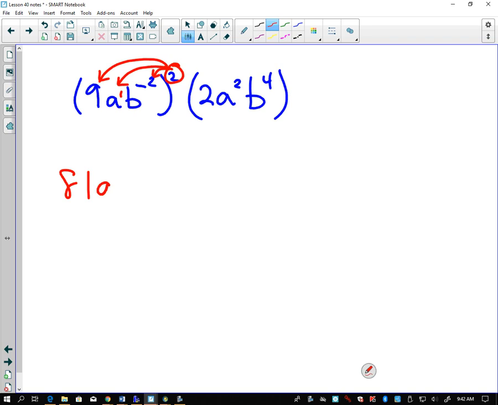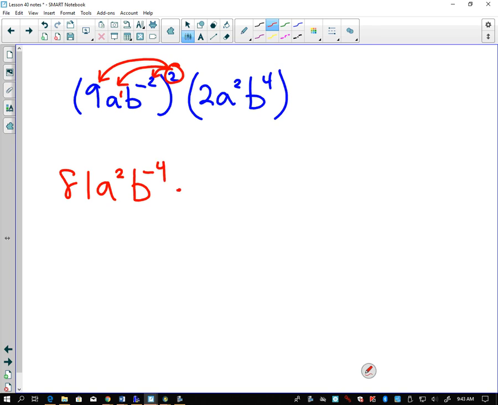A to the second, good. Because 1 times 2 is 2. All right? Jordan, I have b to the -2 to the second. What is that exponent going to be? Very good.